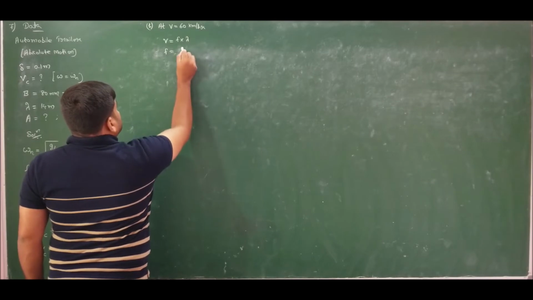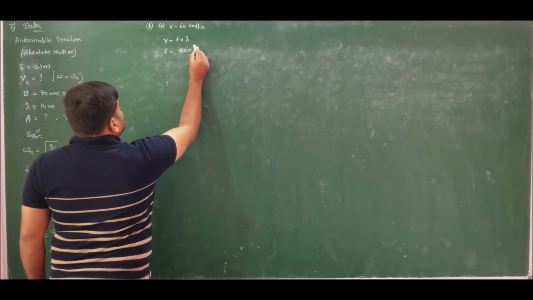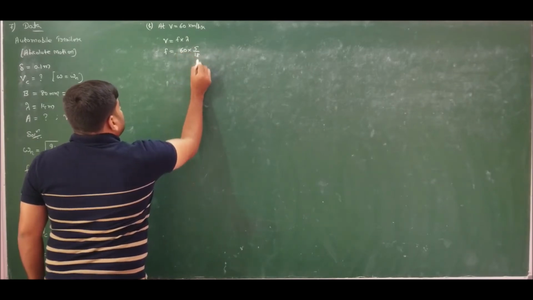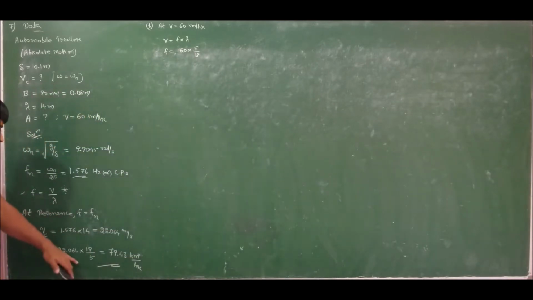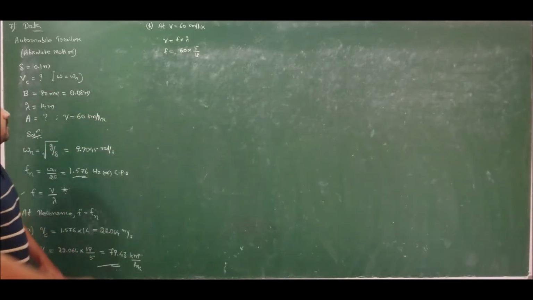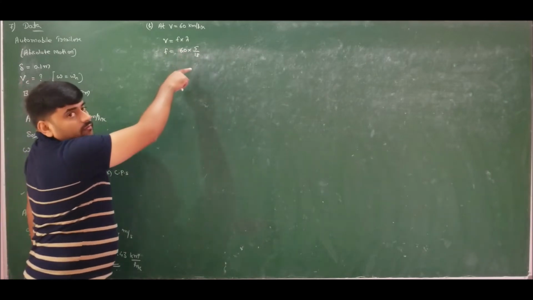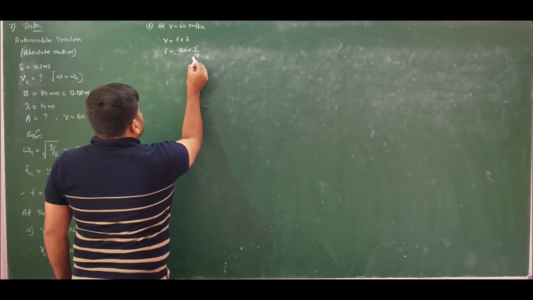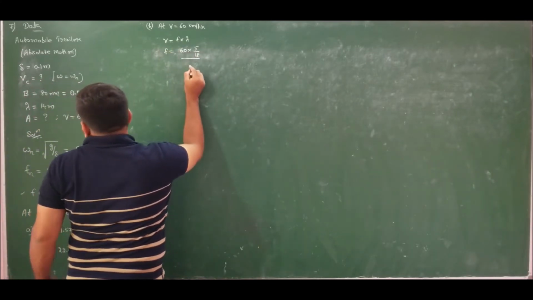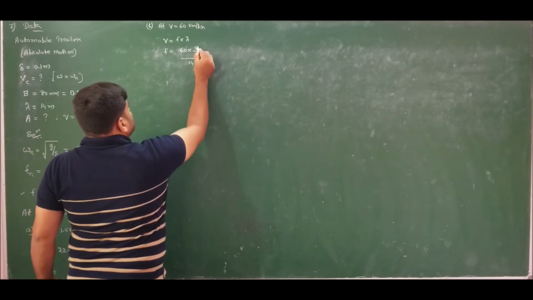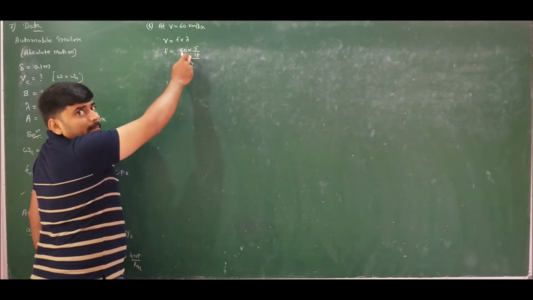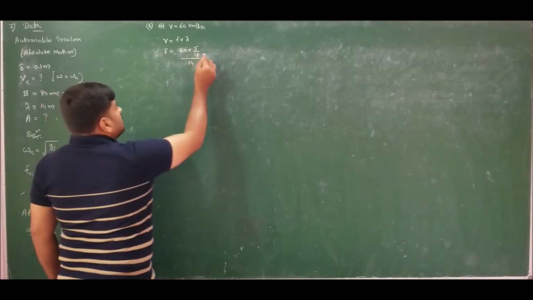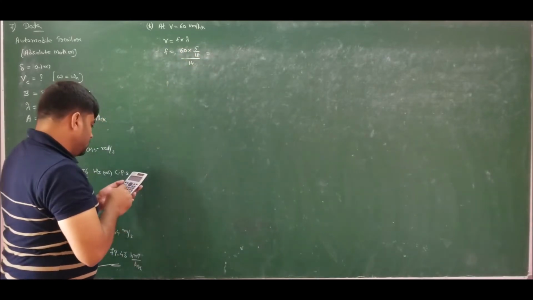Convert this into meters per second, that is 60 into 5 by 18, because from meter per second to kilometer per hour it is 18 by 5, and from kilometer per hour to meter per second it is 5 by 18. Divided by lambda. Lambda is how much? 14. So this is to convert from kilometer per hour to meter per second. Kindly make a note.